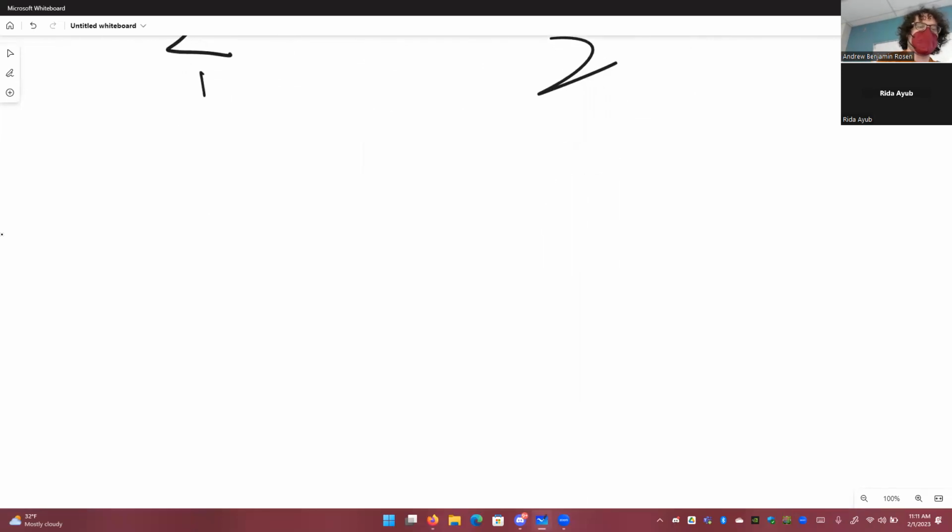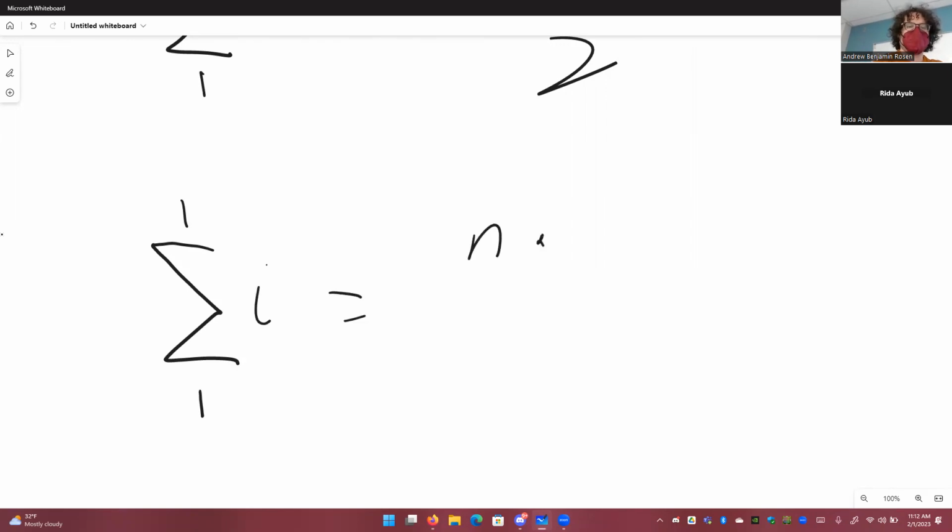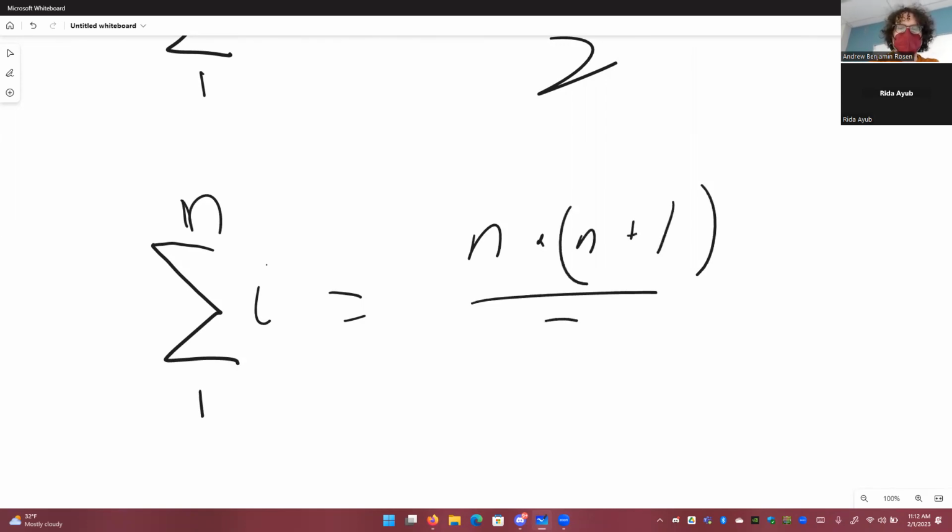The sum of all these numbers from 1 to 1 is equal to n times n plus 1 over 2. Let's substitute 1 for n.